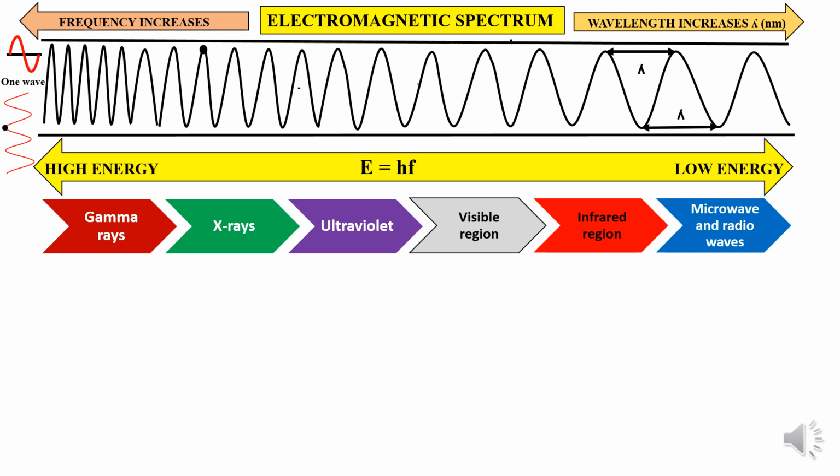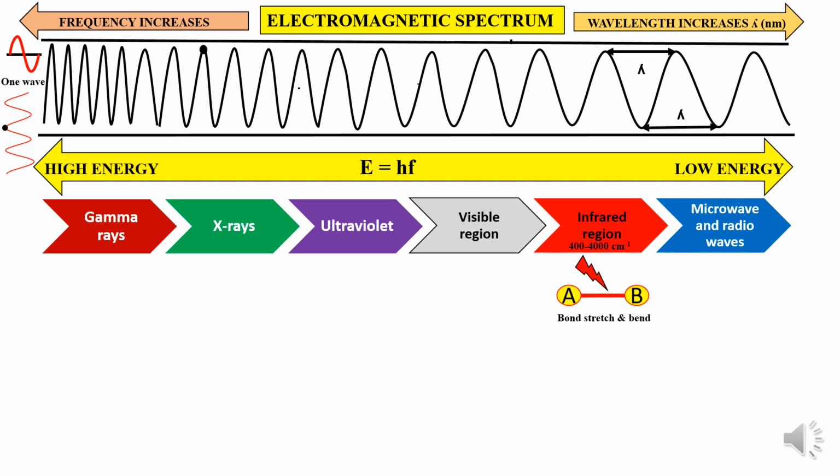Now the infrared region comprises the near region, mid region, and the far region. Of these three regions, the middle infrared region, which provides wavenumbers ranging from 400 to 4000 centimeter inverse, is of analytical interest as it is utilized for structural elucidation and functional group determination.